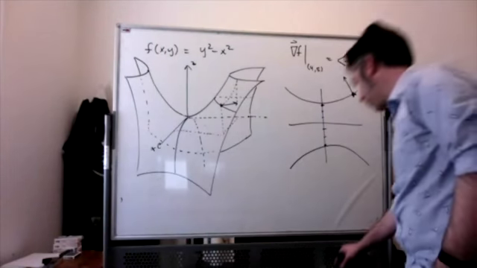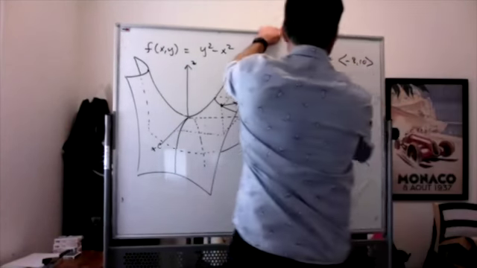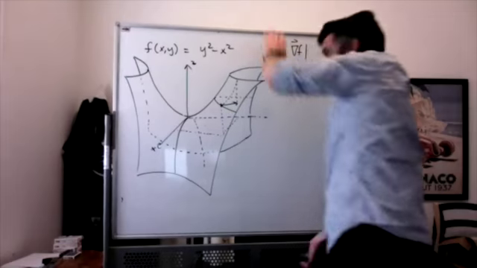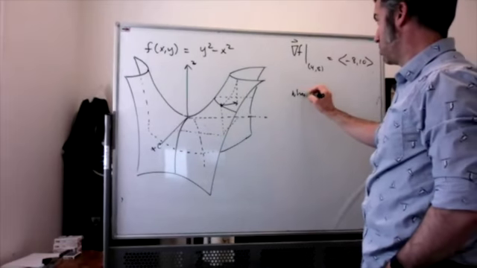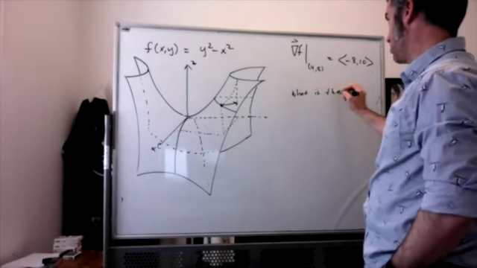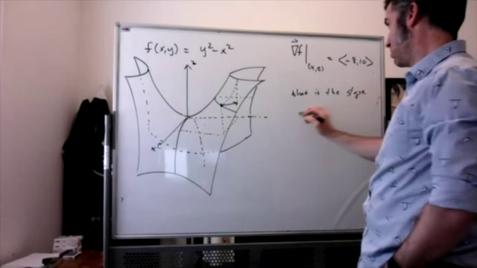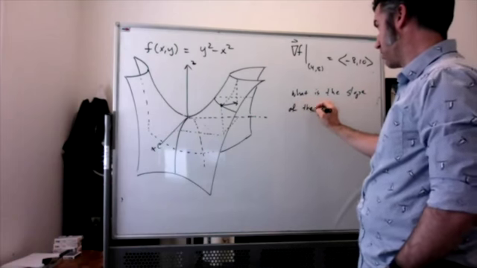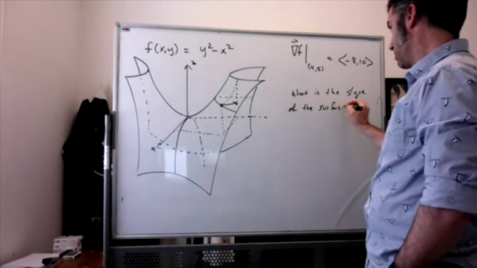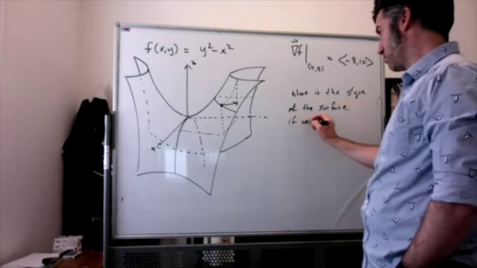Cool. Other questions we can ask? What is the slope of the surface if we travel in this direction?